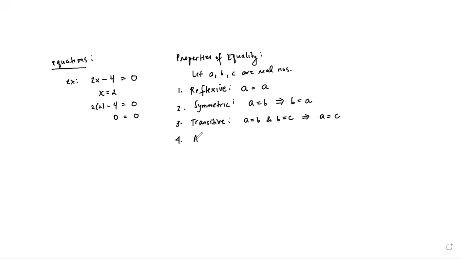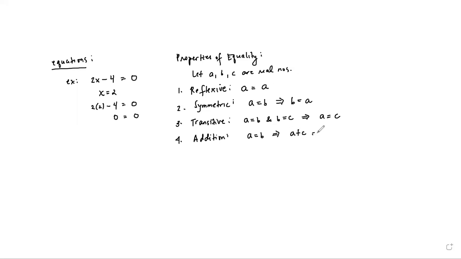Number 4 is the addition property of equality. And this states that whenever we have A equals B, then adding the same quantity C to both sides of this equation will give us an equality as well.